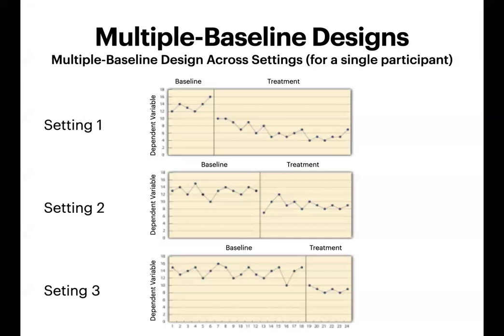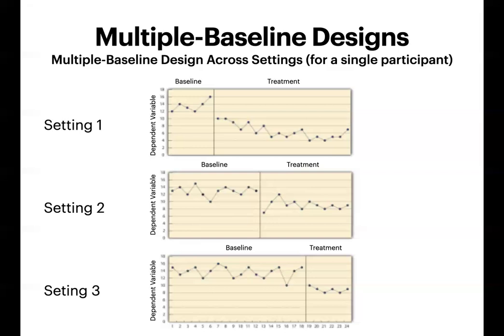And this is the last type of this design. This is called multiple baseline design across settings. This design is an extension of the basic multiple baseline design. It involves establishing baselines for the same participant across different settings.